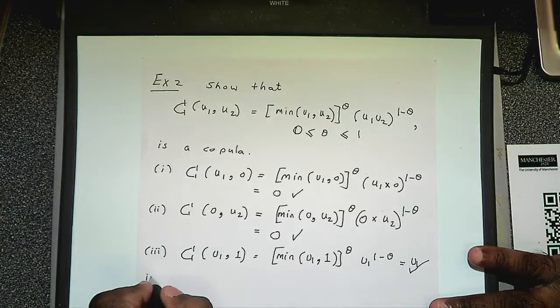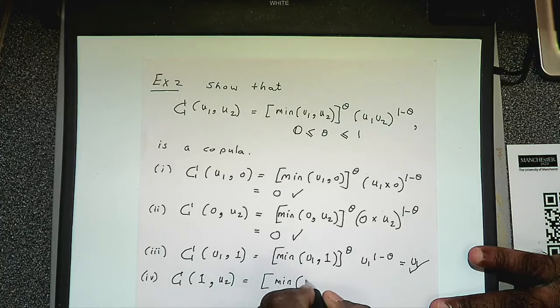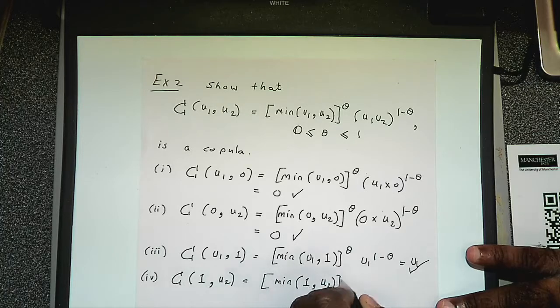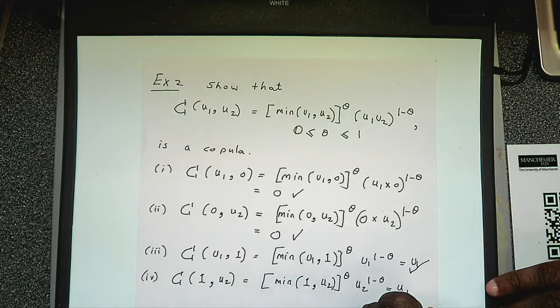Property 4, if you put u1 equal to 1 into this, you get u2, and this becomes u2.